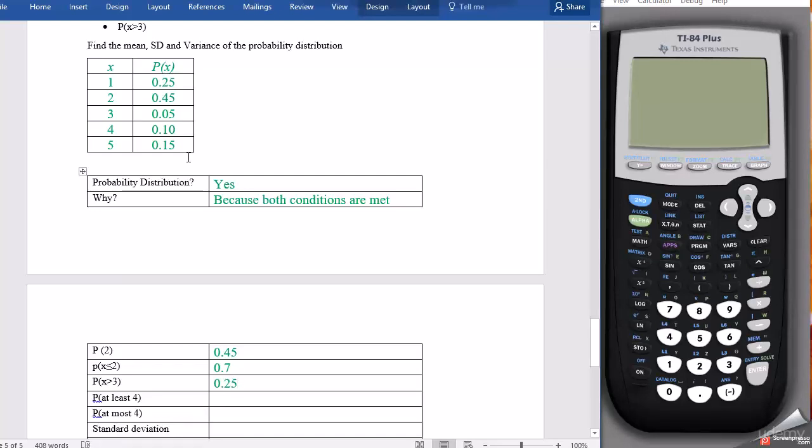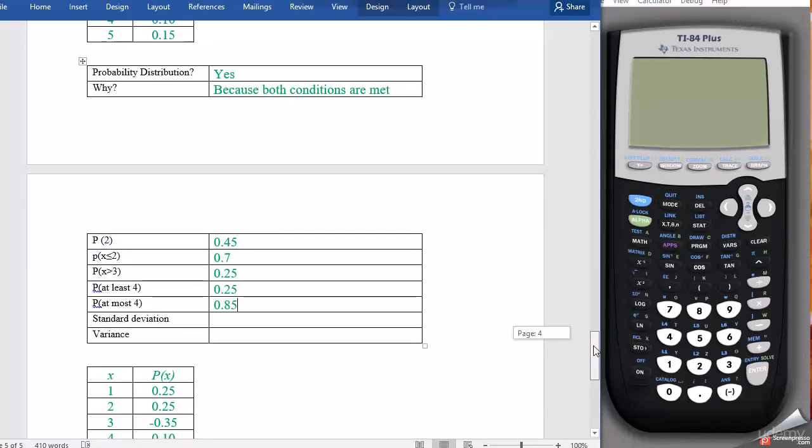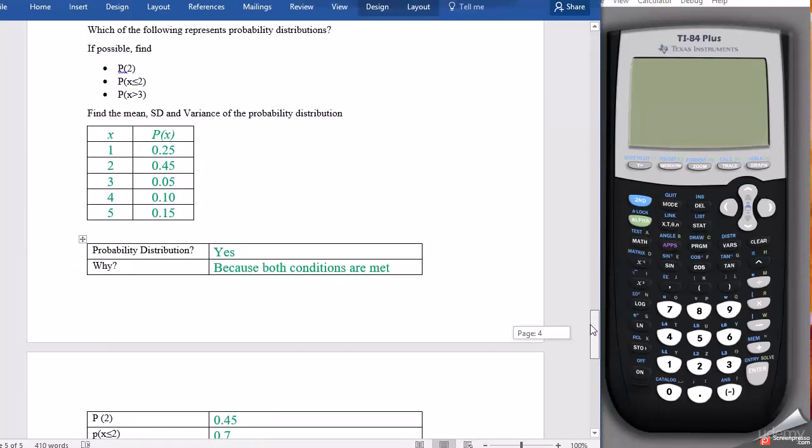The probability of at least 4 means that 4 is the smallest, so we add 4 and 5, which is 0.25. At most 4 means that 4 is the highest, so we add the probability for 4 and all other probabilities below 4. That should be 0.85.